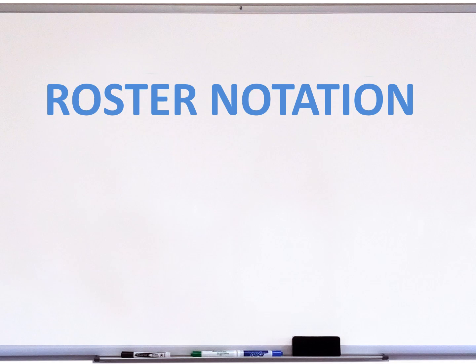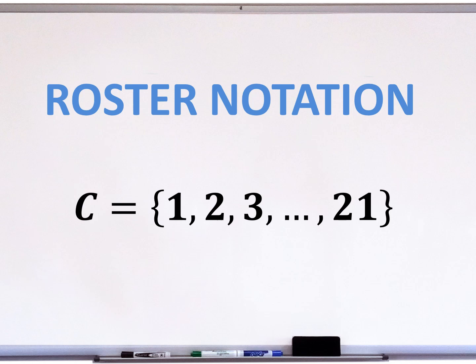Another example of a set in roster notation is set C. Again, this set consists of numbers as elements, separated by commas and enclosed by braces. But take note, it also uses the ellipsis symbol to signify that there are still numbers after the number 3.